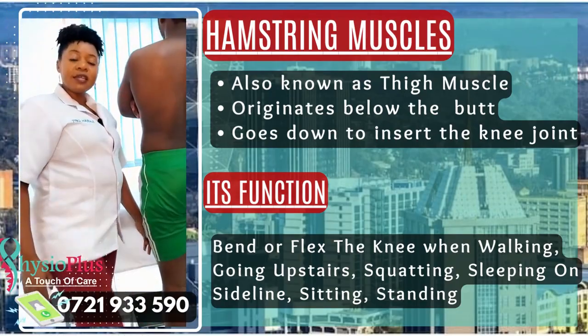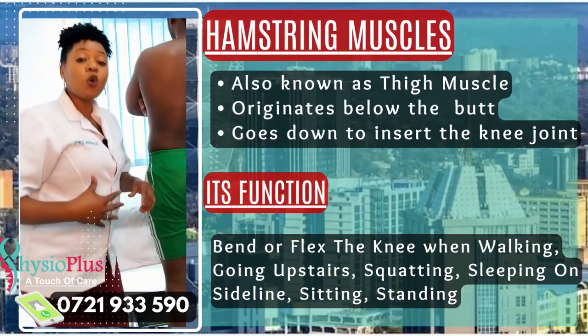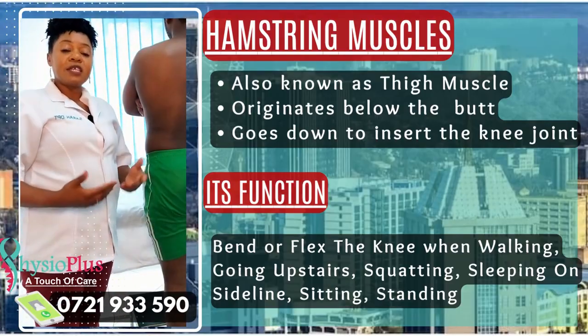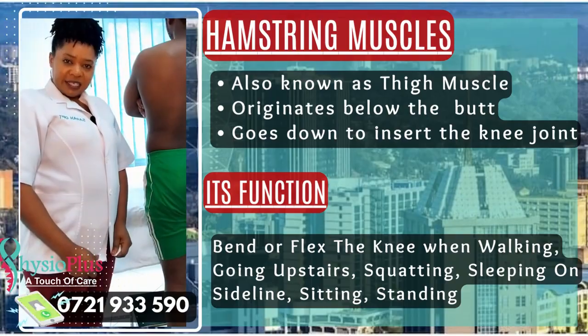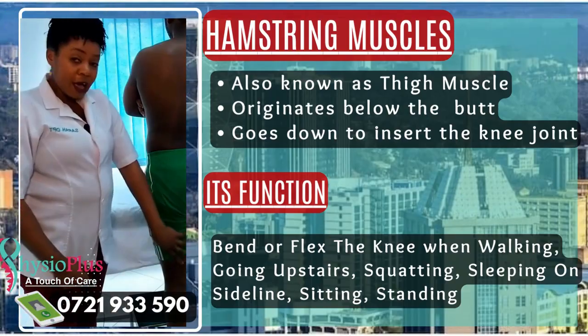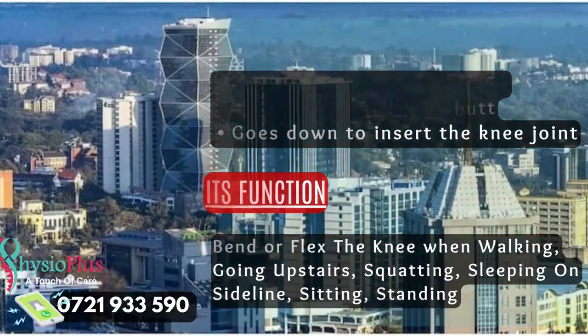When we are walking, going upstairs, squatting, going to the toilet or washroom, when we are sleeping, especially on side lying, when we are sitting and standing. So you find the iliopsoas and the hamstring muscles are doing the same job at the same time.